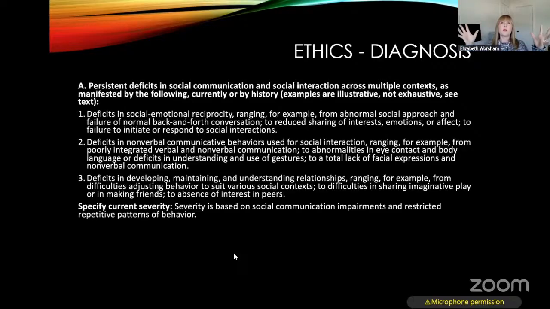An umbrella view or big picture view of autism: the primary deficit is in social emotional reciprocity. It's not that they aren't social or they don't love people, it's just they struggle with how to go about navigating with other humans, regulating their emotions.